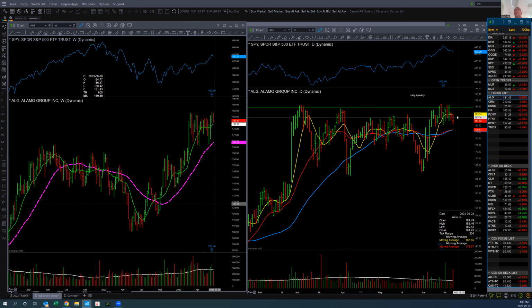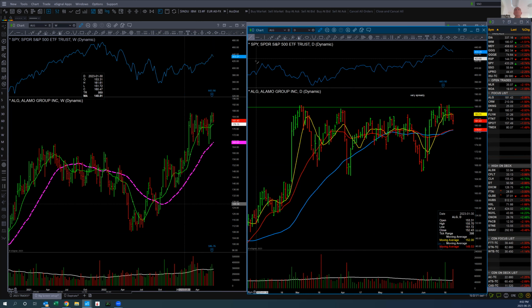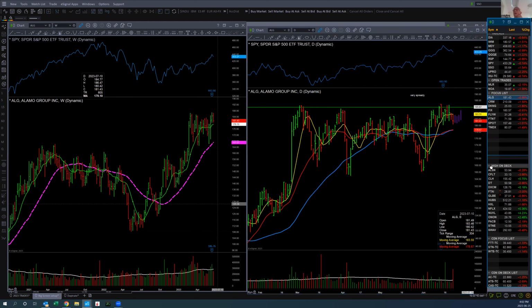But I really want to see this tighten up a little bit this week. So this would not be a Monday stock, but if this does something like this this week and then goes higher, I'm probably going to enter this one. So right now I'm going to move this one back into this group here.